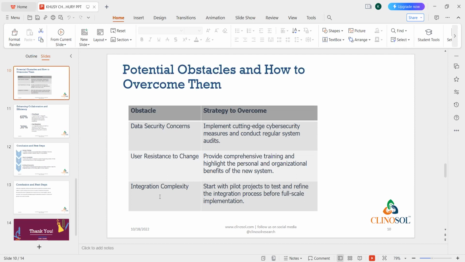Several factors contribute to the integration complexity, like diverse data sources, heterogeneity, interoperability, etc. Strategy to overcome: start a pilot project to test and refine the integration process before full-scale implementation.